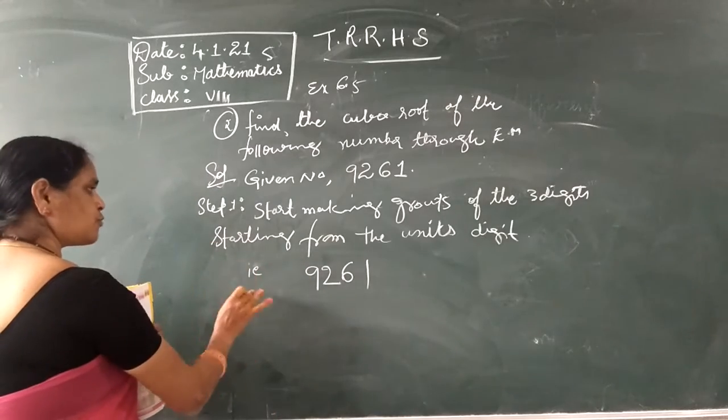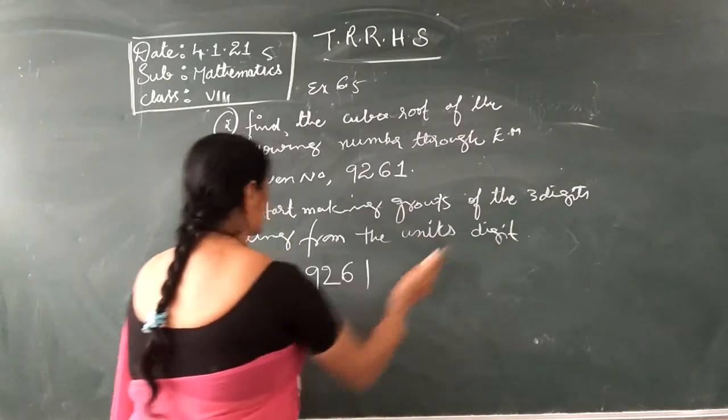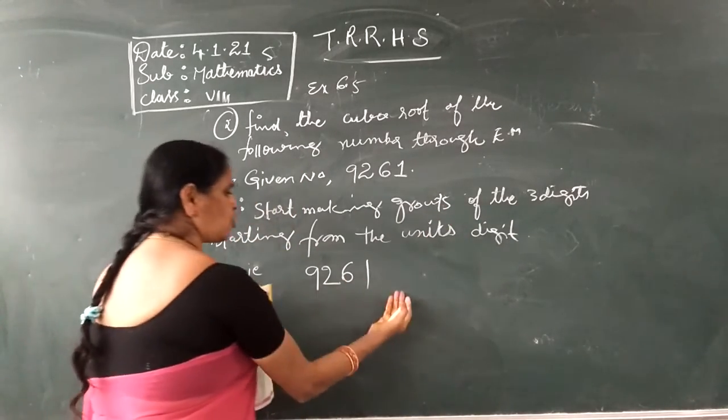This is the number. First, what you have to do is start making groups of 3 digits. So how do you make them, from this side or that side?